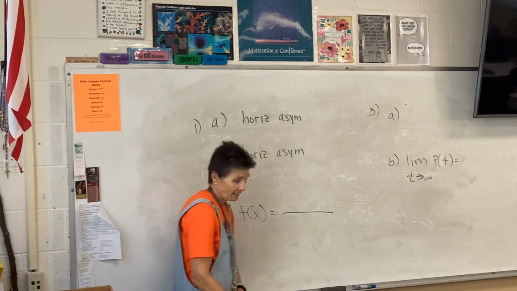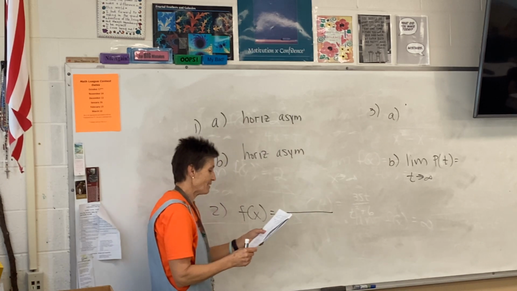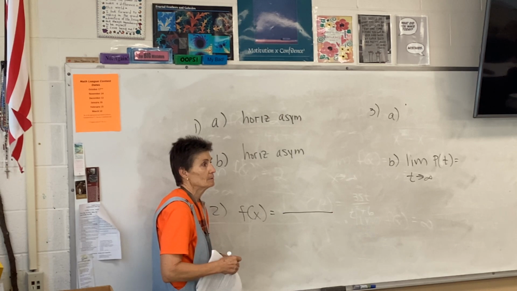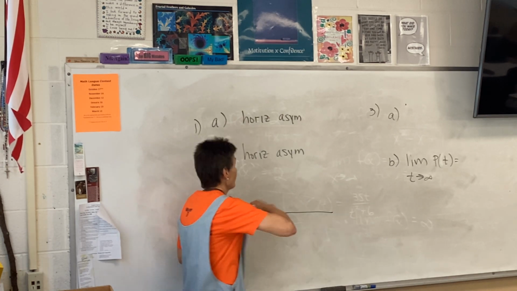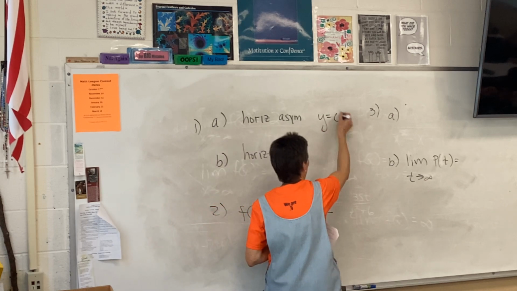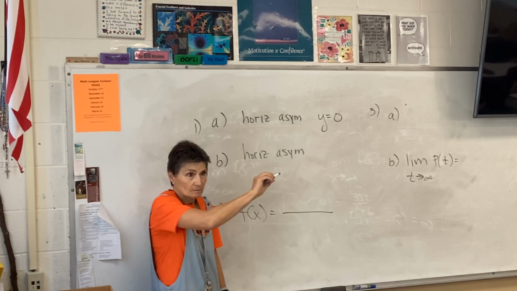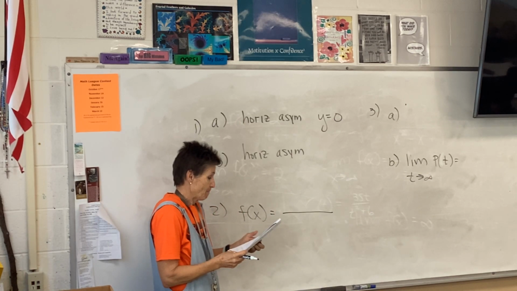Alright, letter A. Do we have a horizontal asymptote in letter A? No. Zero. Y equals 0 is horizontal, guys. Isn't y equals 0 horizontal? Yes, we have a horizontal asymptote.